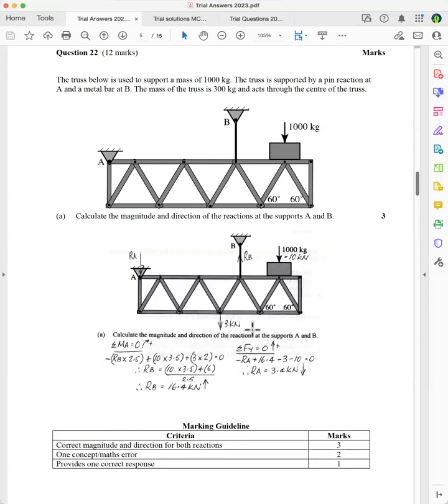The other thing that foiled a couple of students is this. When they give you 60 degrees here, it's an equilateral triangle, and you take all these member lengths as 1, or 10 or 20, but I just take it as 1. It's much easier.